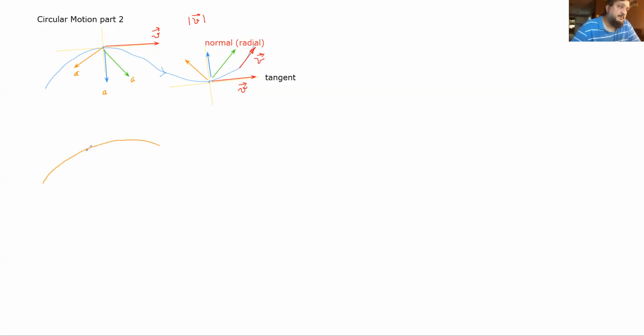So let's say it's increasing its speed, and you have the acceleration vector pointing in a direction like that, while the velocity is such. Now you can always decompose this vector into its components.